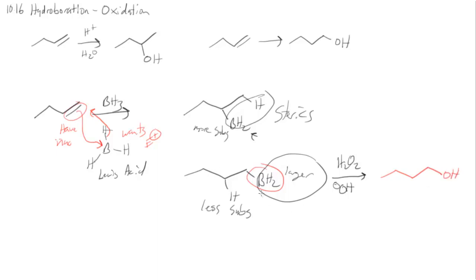And because the BH2 favored the less substituted position, our OH also favors the less substituted position. So we make what we call an anti-Markovnikov product, or anti-Markovnikov alcohol.